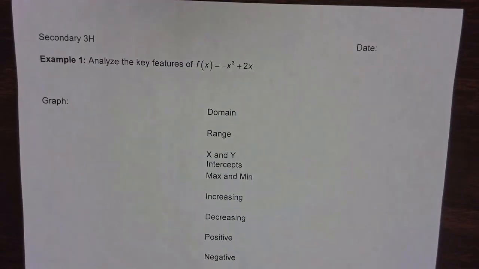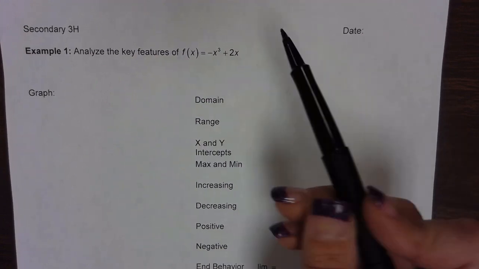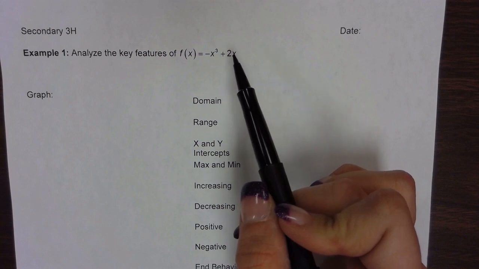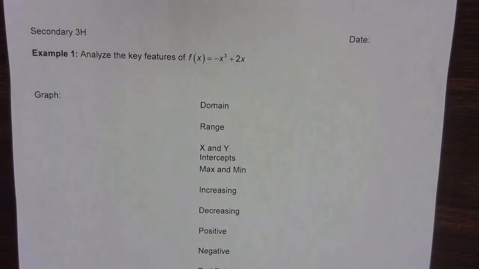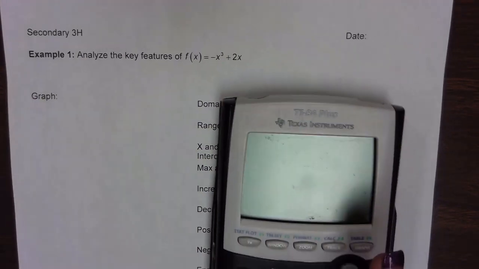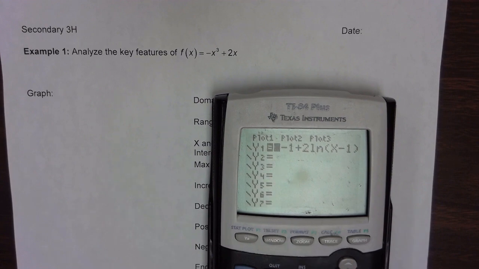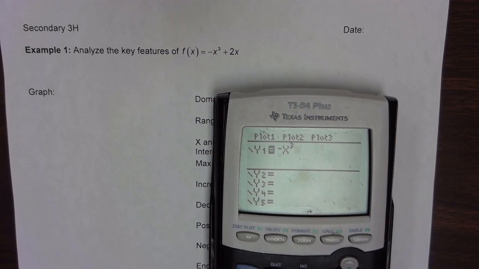Okay, let's go on to our first example. Now with this one, we're not in the form of where we did our transformations 2 sections ago. So what we're going to have to do is use our graphing calculator for this problem. So we want to go to y equals and plug this in. So we get negative x cubed plus 2x.